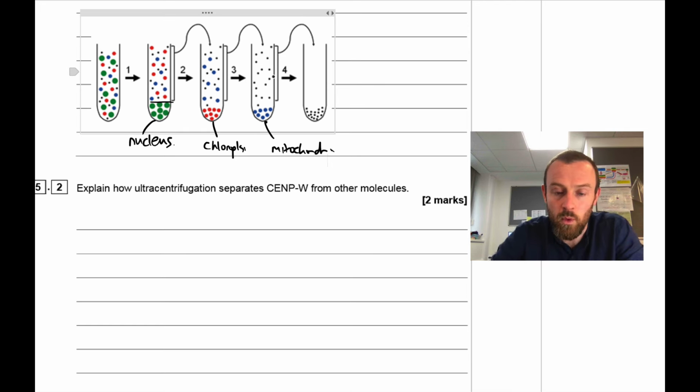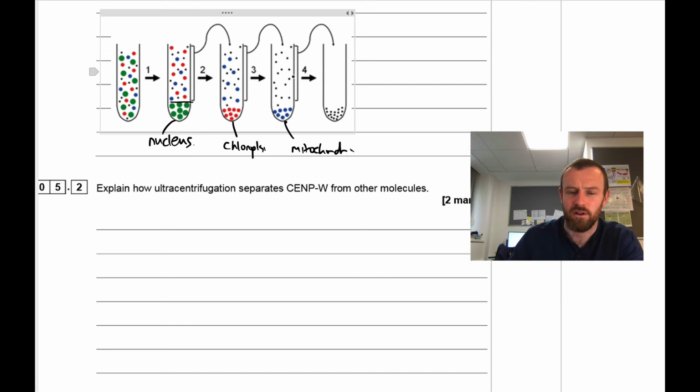Then we get the ribosomes out, and if we did this the right number of times with increasing speed, we could eventually separate out just the liquid with dissolved proteins, and potentially even get SENP itself if it's a particularly large protein.